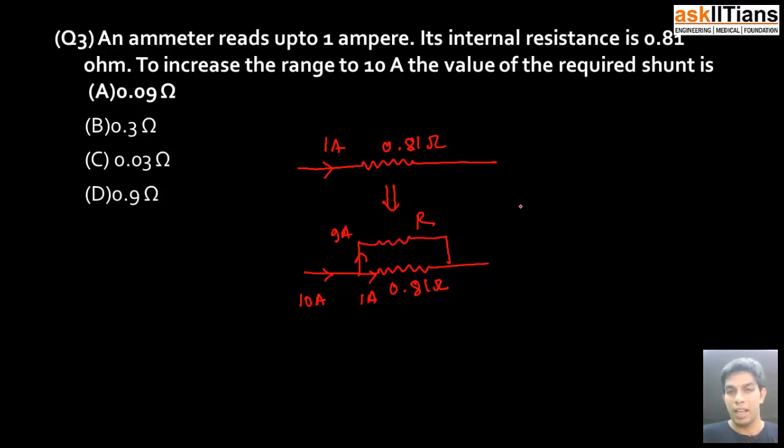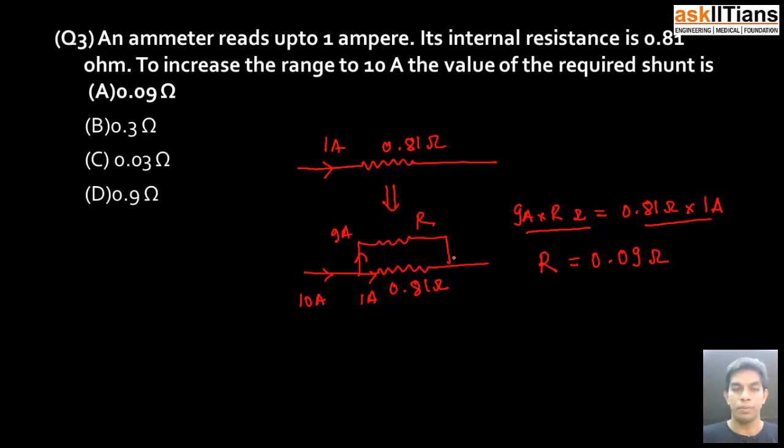So I can write 9 ampere into R ohm is equal to 0.81 ohm into 1 ampere. That is, potential drop across my 0.81 ohm is equal to potential drop across my shunt resistance. With this, I can write that capital R is equal to 0.09 ohm. Hence, A is the correct answer.